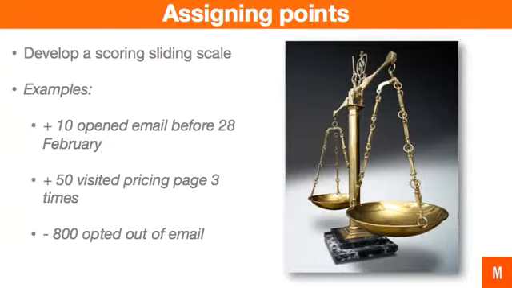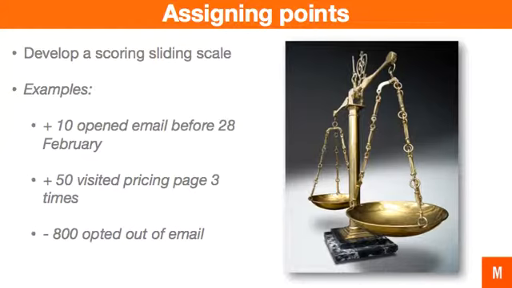Once you have your entire list of what makes a lead qualified and what makes a lead unqualified, you then have to develop a scoring sliding scale. Next to each one of those negative and positive behaviors, you need to either add some points to your total lead score or subtract points from it. Different things are going to have different levels or intensities.